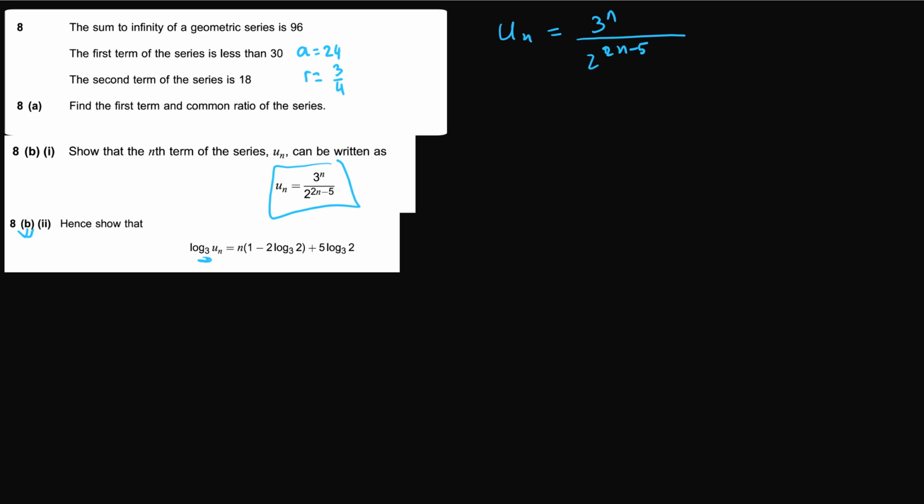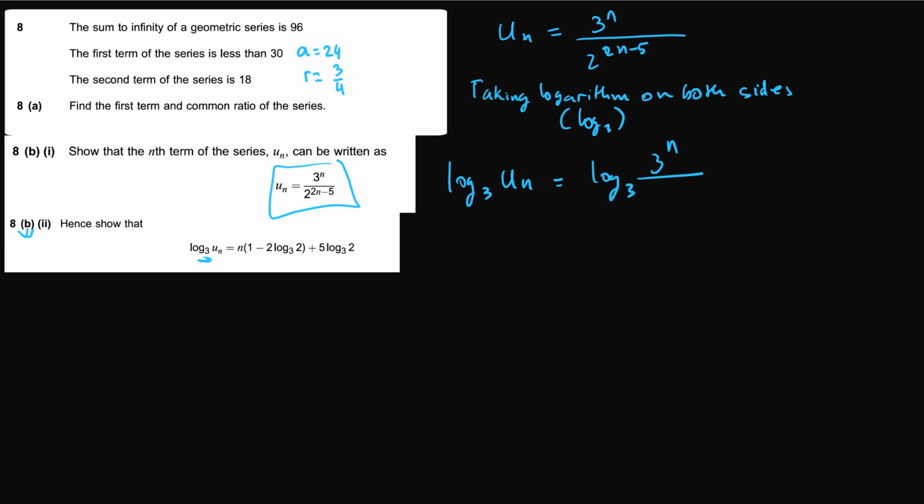So we have to take log to the base 3 on both sides. So I'm going to say taking logarithm on both sides. So that's log to the base 3. So then we can say log to the base 3 un is equal to log to the base 3 of 3 to the power n over 2 to the power 2n minus 5.